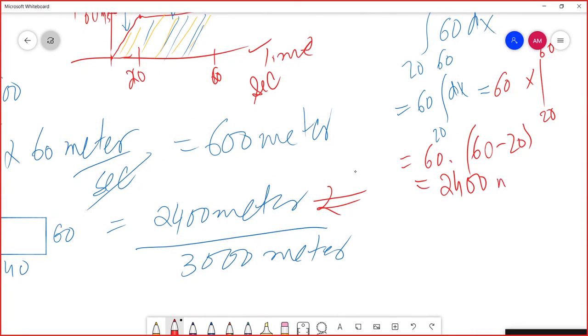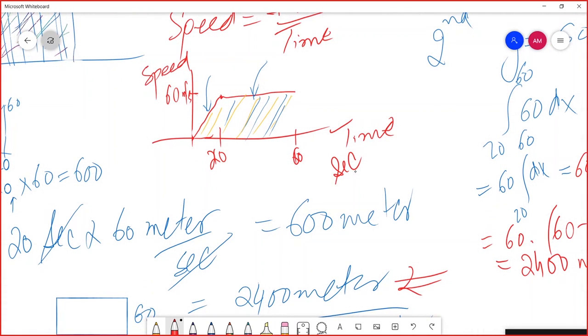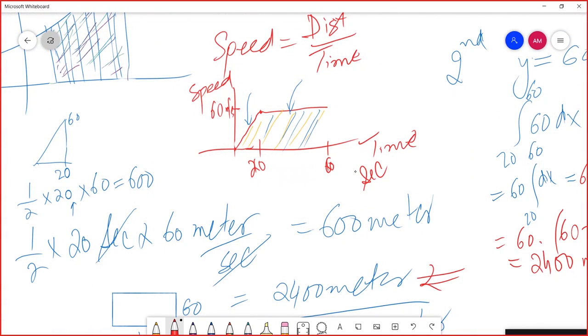That's the same meters. Do you see this? So actually, by doing the integration of the rate of change, what is distance? Speed is distance over time, it's a rate of change. And by integrating, we have found the distance. Does it make sense to you?